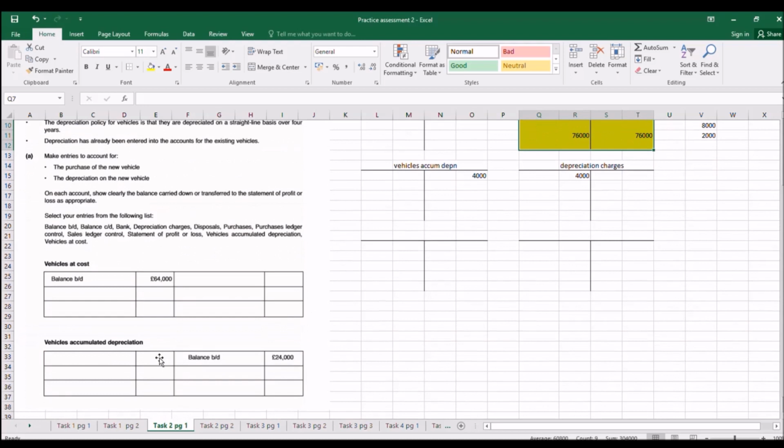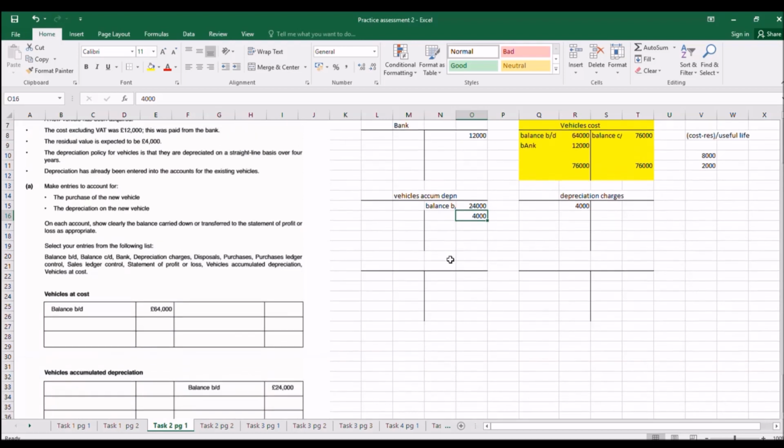Okay, vehicles accumulated depreciation. That was the charge and the item there. So we're going to balance brought down, which is 24,000. It's going to be interesting. Now we've got this item in here, but see how we've already got this thing here as well.